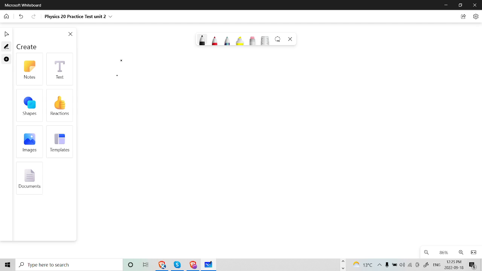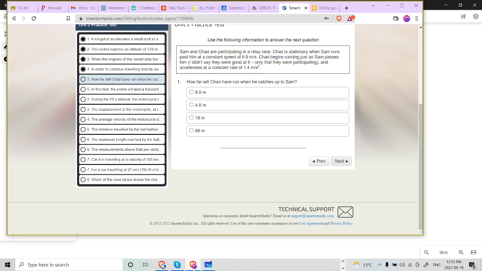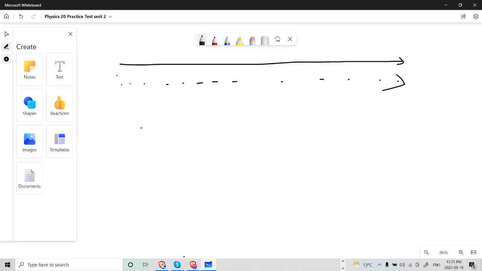So we have one of them running in a straight line at a constant speed, and the other one is speeding up to catch up. Eventually they do the same distance. So the distance that, is it Sam or Chad? So Sam is moving at a constant 6.9.